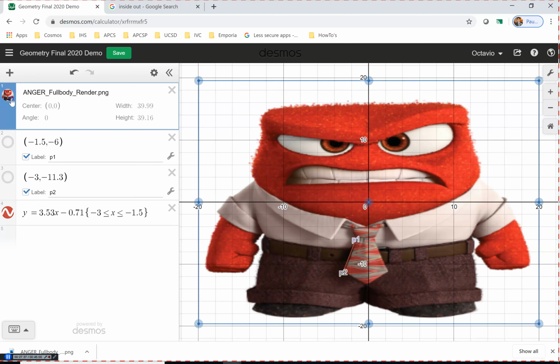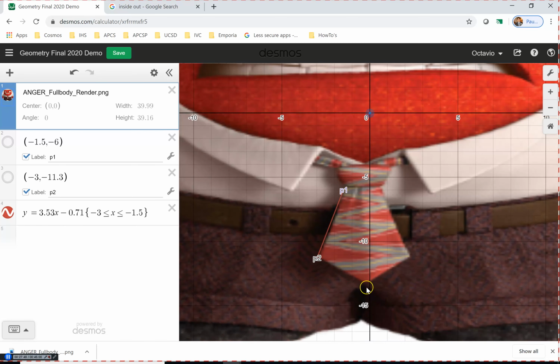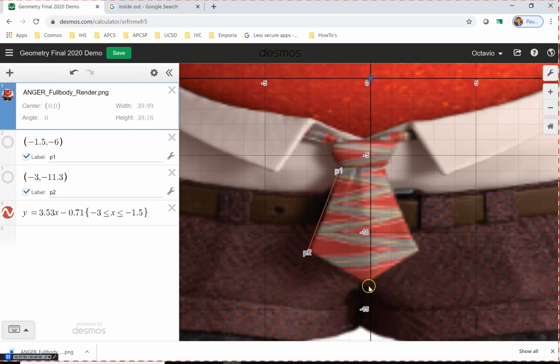I can actually see how I'm going to use it, because I want to use it to make this line. Let me show you. Right here, I would make point 3 at the end where the tie is at. I'm going to zoom in a little bit. It is at maybe negative 0.5 down to negative 13, a little bit over 13.